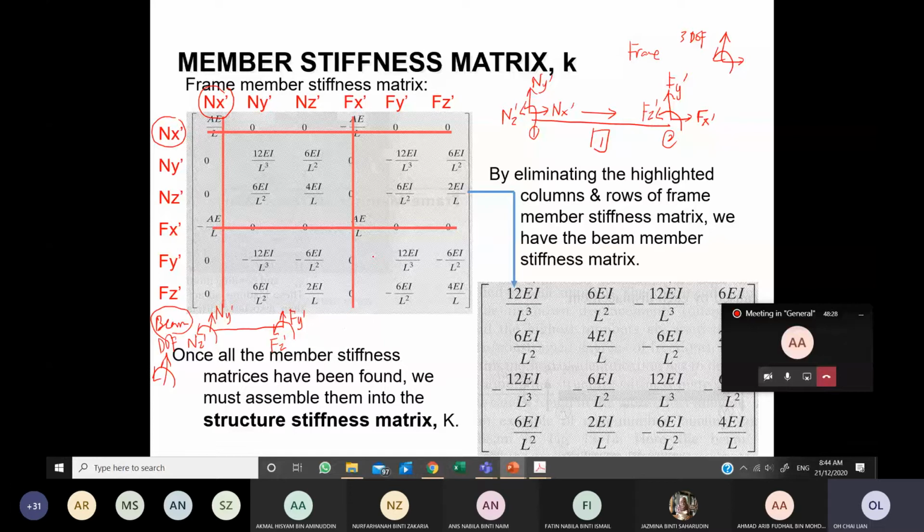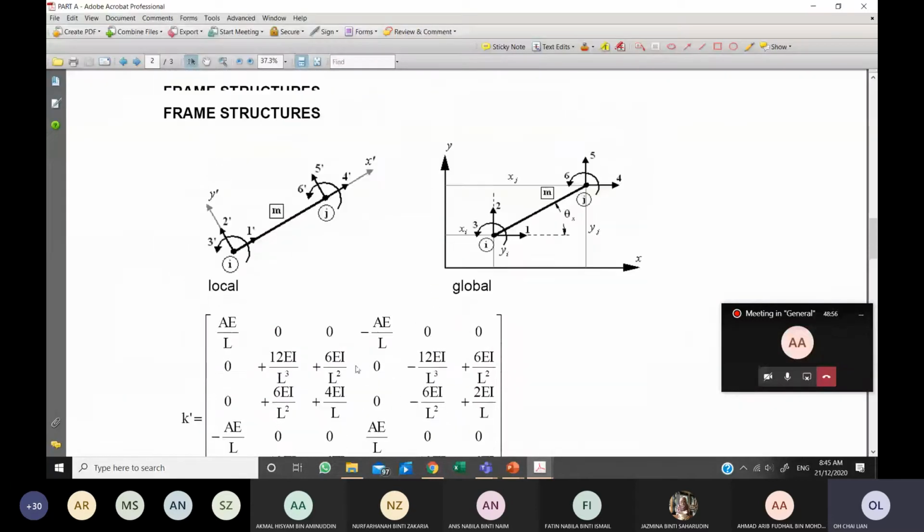It will be dealing with only x parallel, the forces parallel with this member. So you will be talking about nx, fx, the ones that have been eliminated. If I circle them, then you will see in your appendix, this will be the one that we want to use.